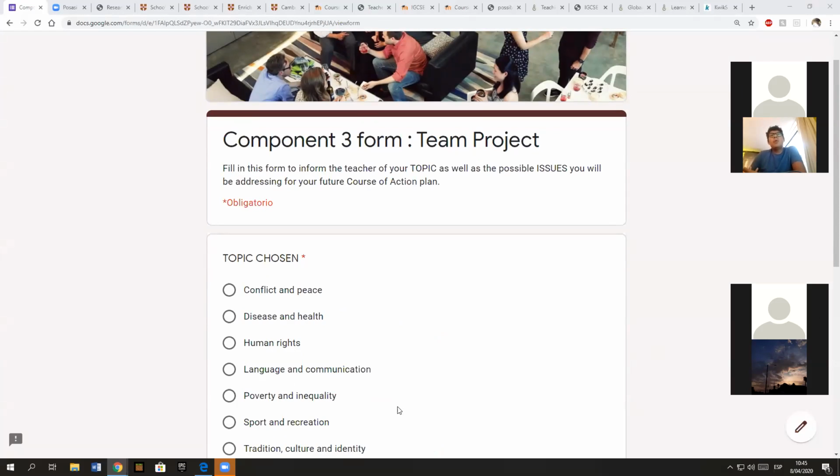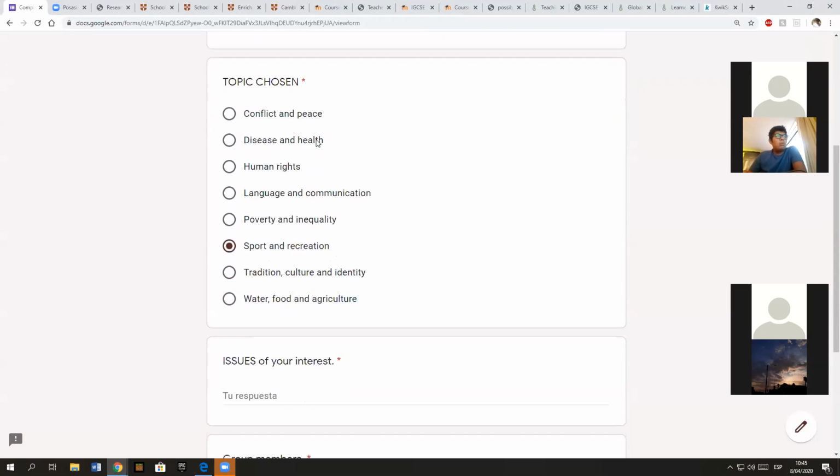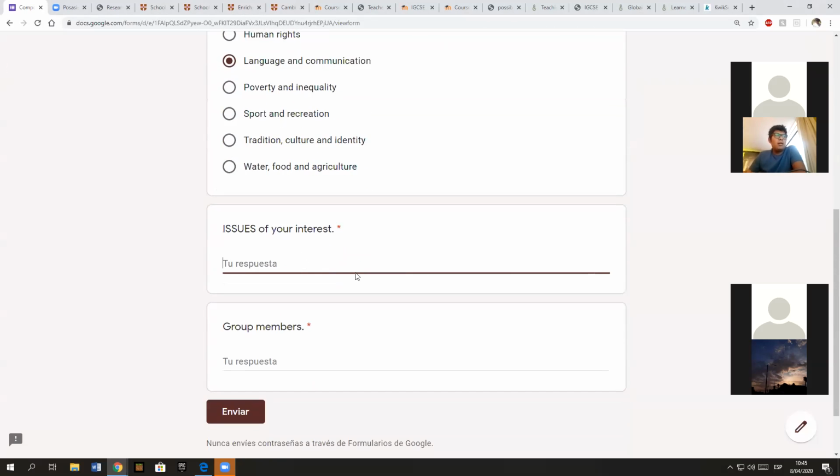So I know what the group members of your team are and which topic you have chosen. You have the 8 topics here that you can choose to develop your team project. You are going to select only one of those, and then address any issues of your interest.